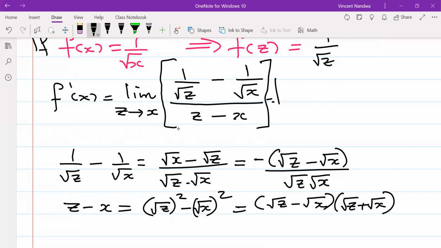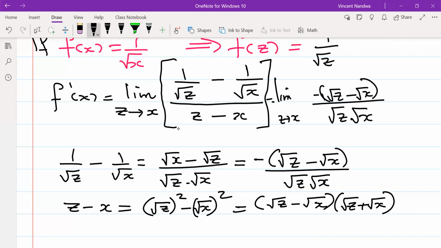So which will be limit as z approaches x of, remember, this is what we have divided by this. So negative into root z minus root x over root z root x.